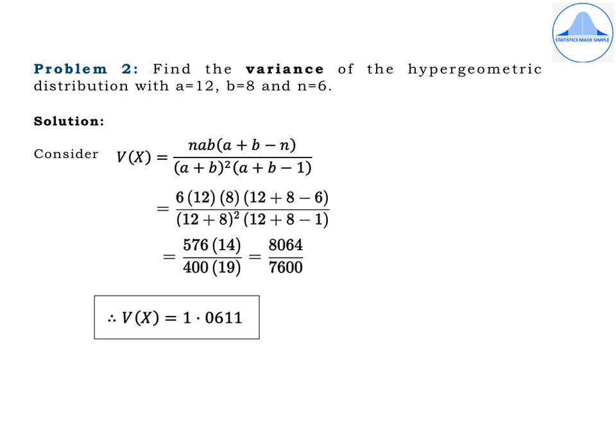Within brackets you have 12 plus 8 minus 6 whole divided by 12 plus 8 the whole square. Within brackets 12 plus 8 minus 1, which is equal to 576 into 14 divided by 400 into 19, which is equal to 8064 divided by 7600. Therefore, V of x is equal to 1.0611.